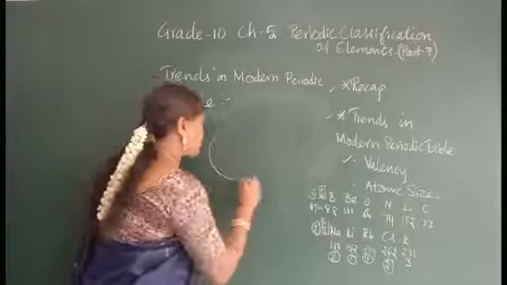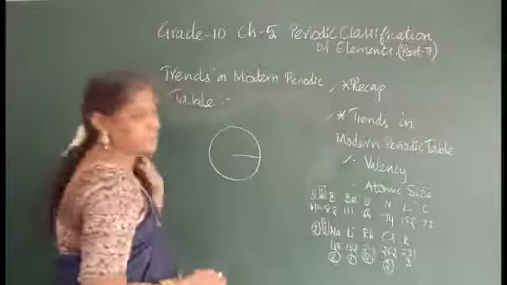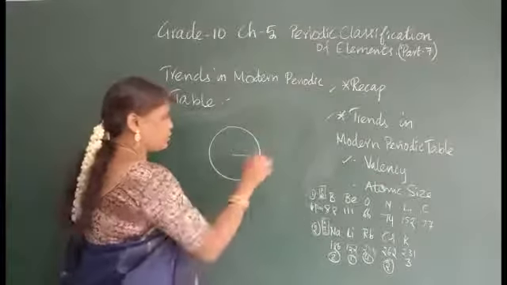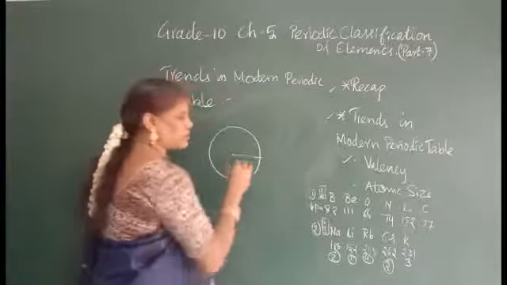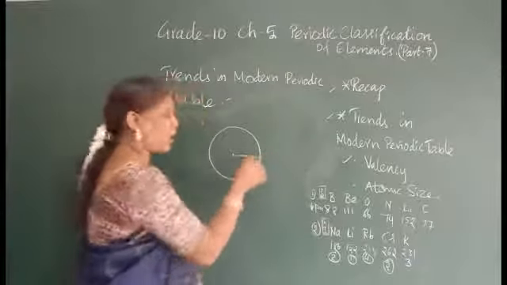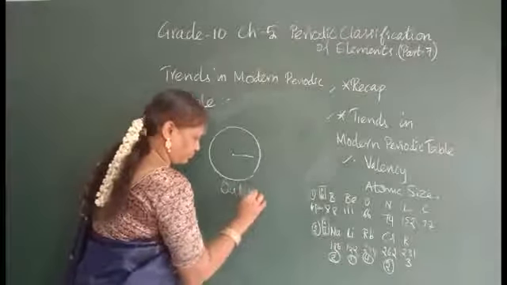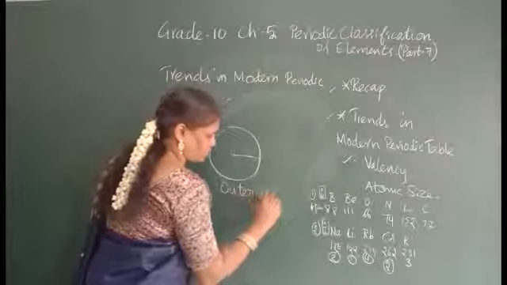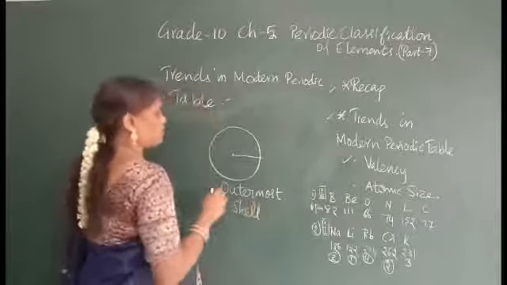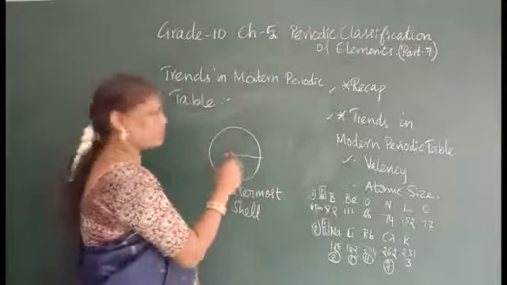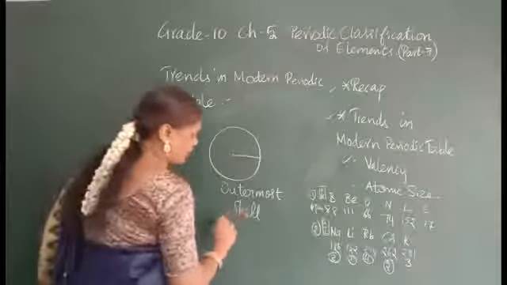We have seen that the distance from the center of the nucleus to the outermost shell, that is called the valence shell.